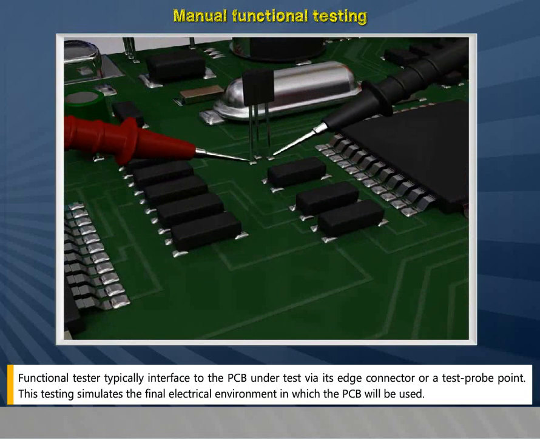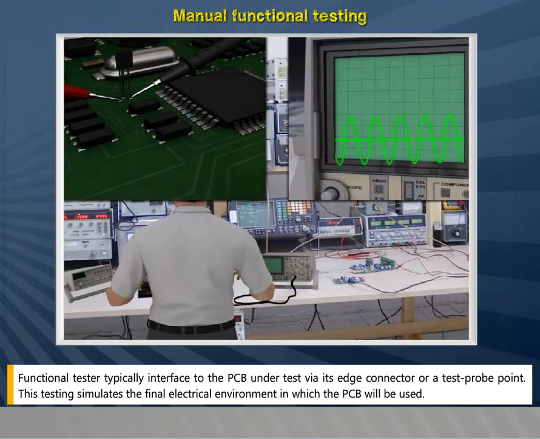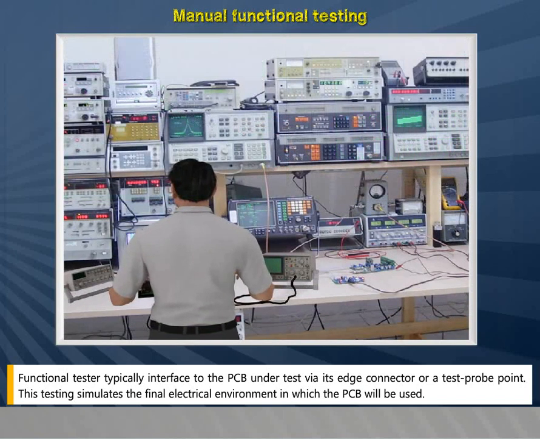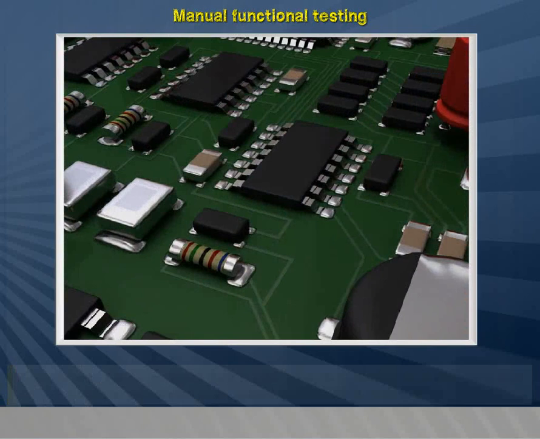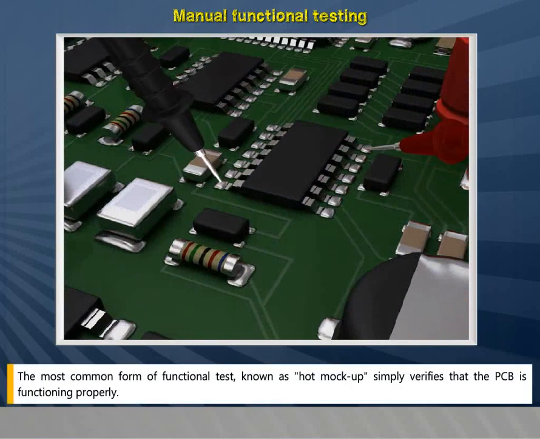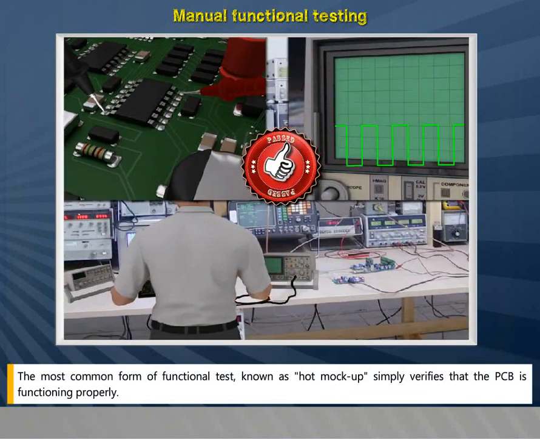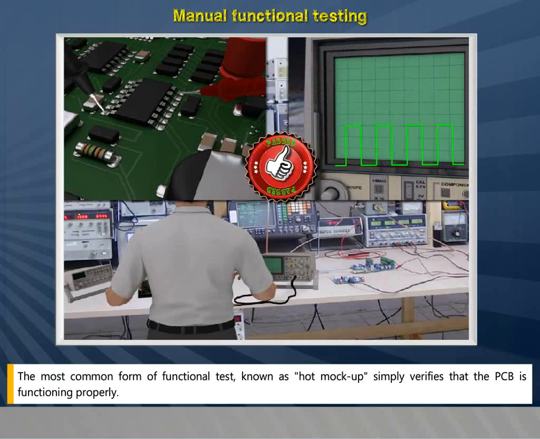This testing simulates the final electrical environment in which the PCB will be used. The most common form of functional test, known as hot mockup, simply verifies that the PCB is functioning properly.